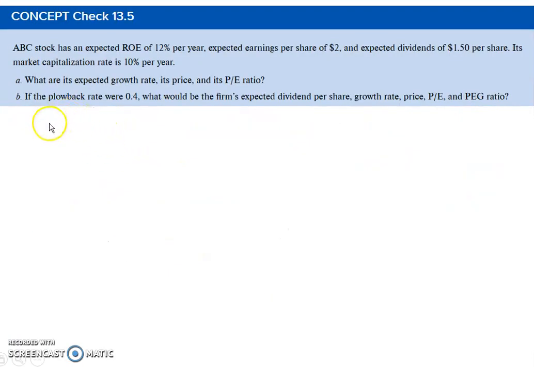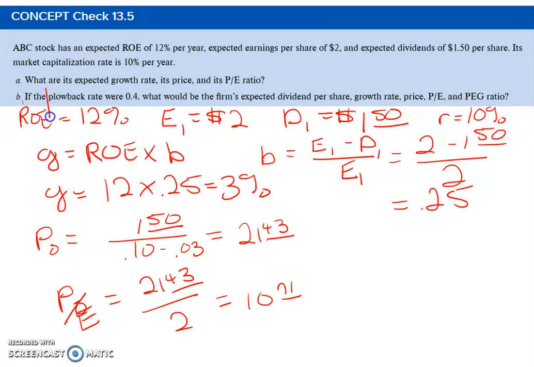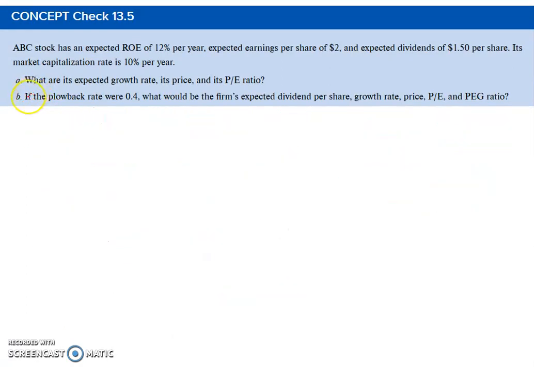There we go. So part B says that the plowback ratio is 0.4. So we get B is 0.4 or 40%. So remember that E1 is $2.